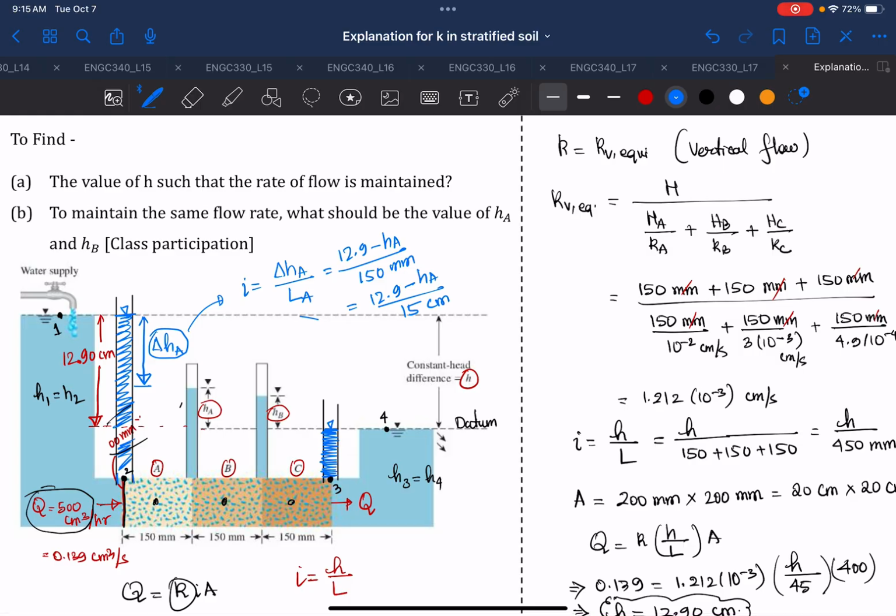We can use the same formula that we have already applied, which is Q equal to KIA.